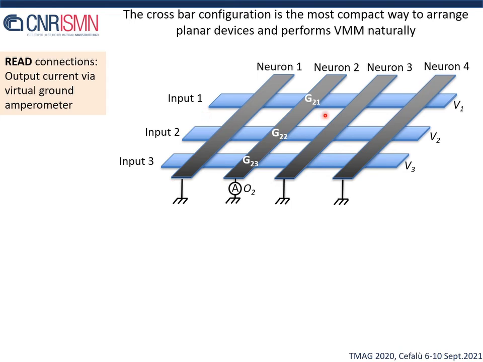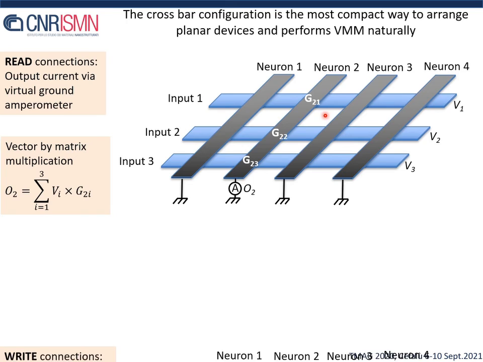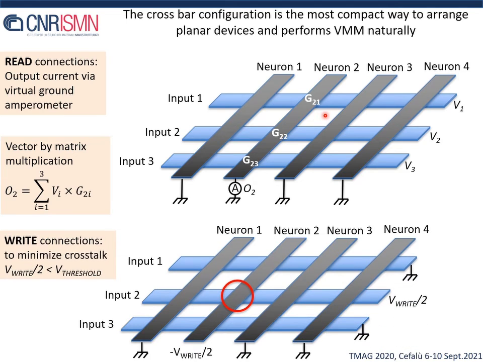Let's now turn to the learning process. For the learning process, a voltage pulse must be applied to the synapse whose weight we want to change. For example, the one here circled in red.